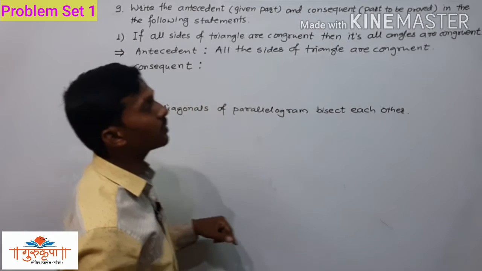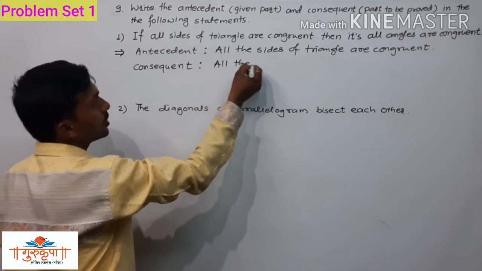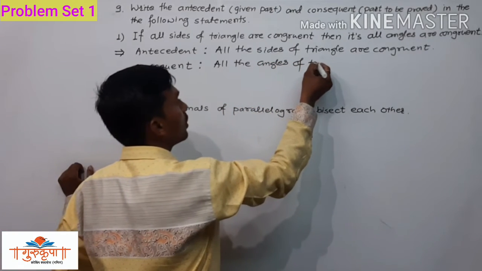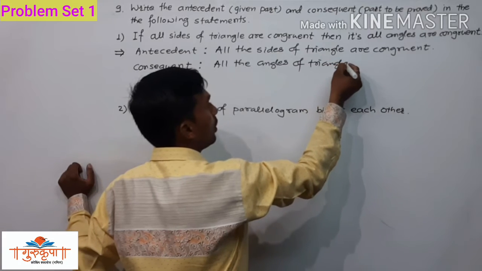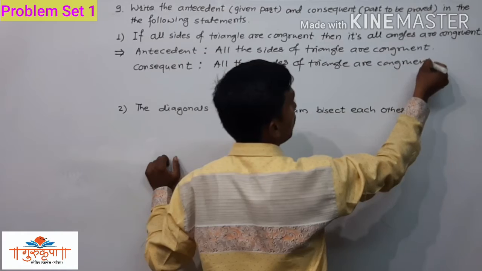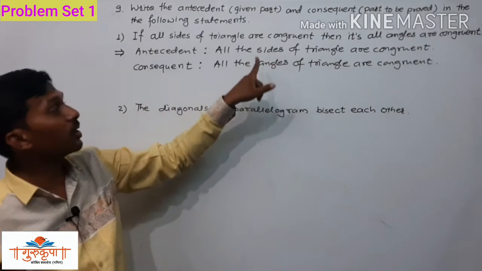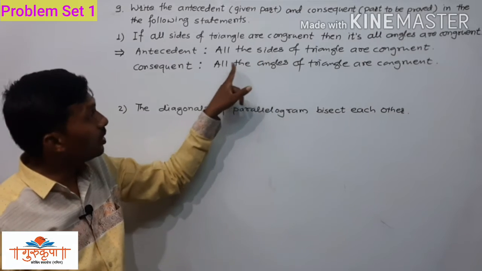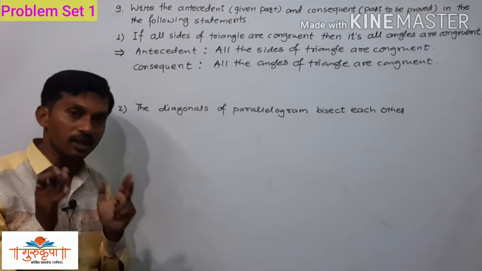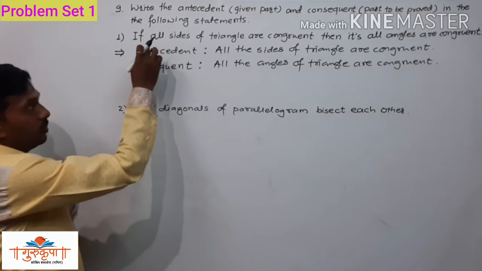So all the angles of a triangle are congruent. Do not write it as 'its all angles are congruent', since it is used for a triangle. So we write, all the angles of a triangle are congruent. That is the consequent, that is the part which we have to prove. So this is all about the first example.